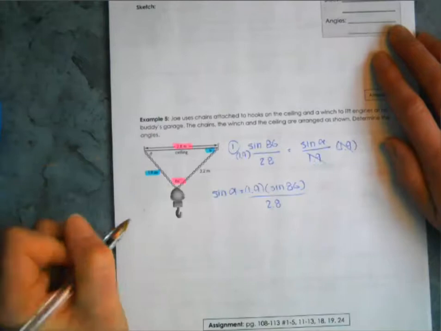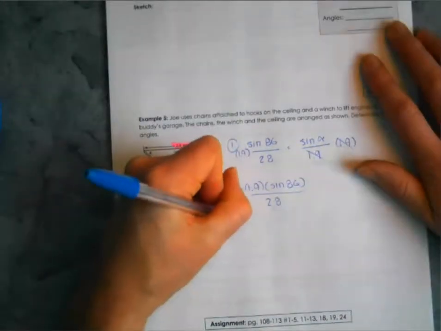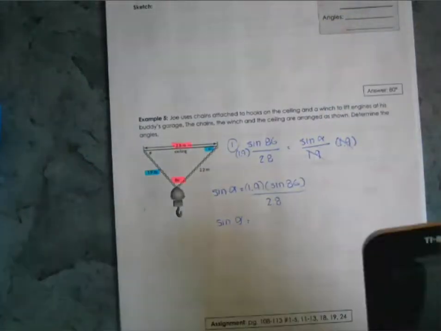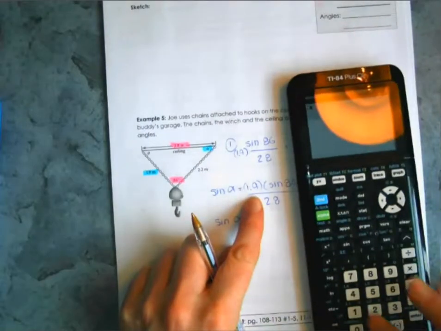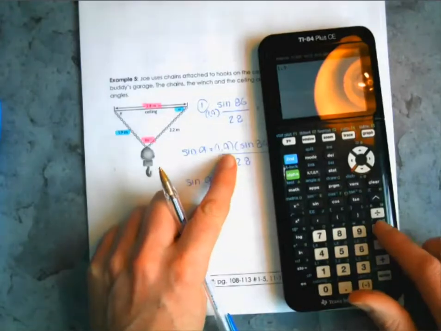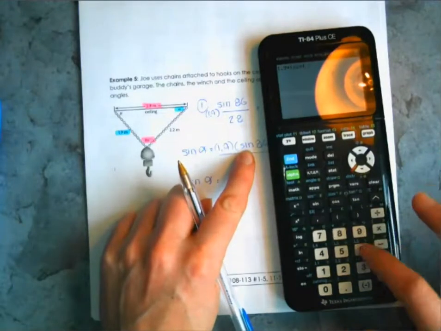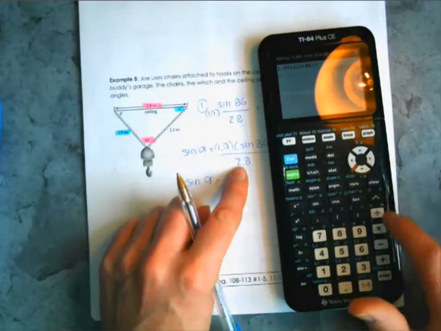And again, we're going to get that weird kind of decimal number. If you need to check how to do your order of operations, I'm going to put in 1.9 times bracket. This is the important part here, sine 86 bracket bracket. Enter that, and then I want to divide that by 2.8.